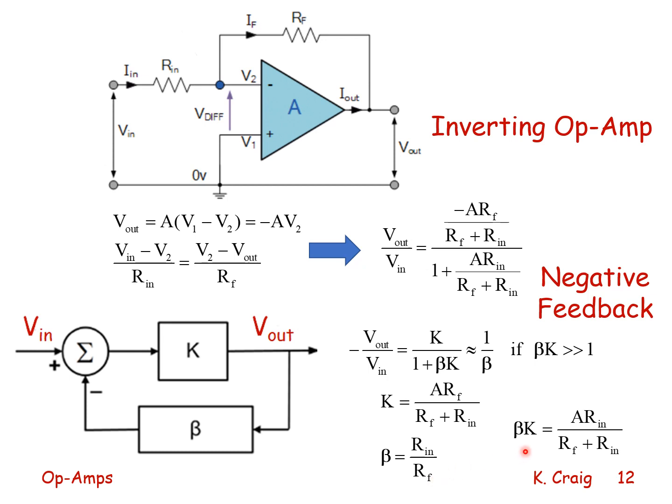And beta K equals A times Rin over R feedback plus Rin. So I see that if beta K is much, much greater than 1, meaning that A is very large, then minus Vout over Vin is approximately equal to 1 over beta, where beta is equal to Rin over Rf.